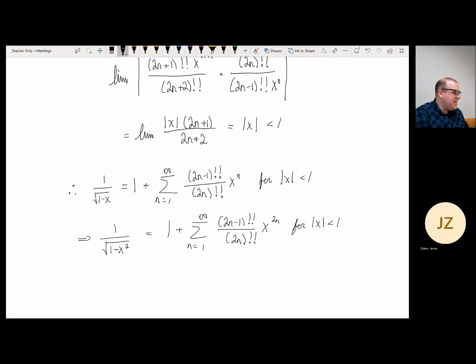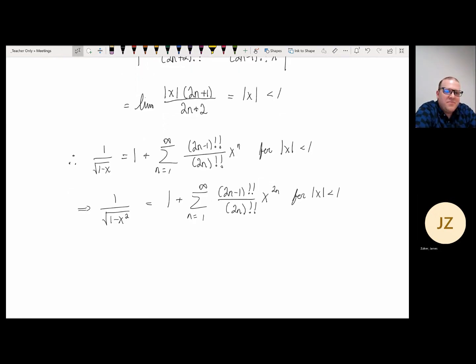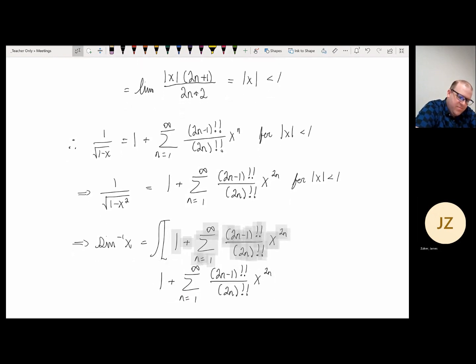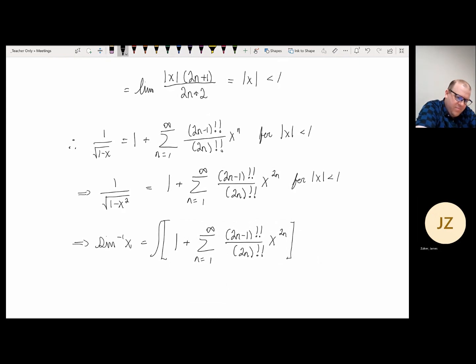Again, valid for absolute value of x less than 1. Then the inverse sine would just be the integral of that power series.